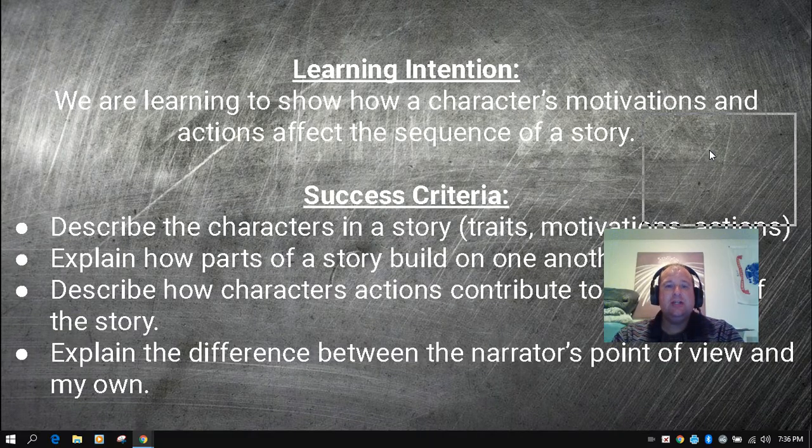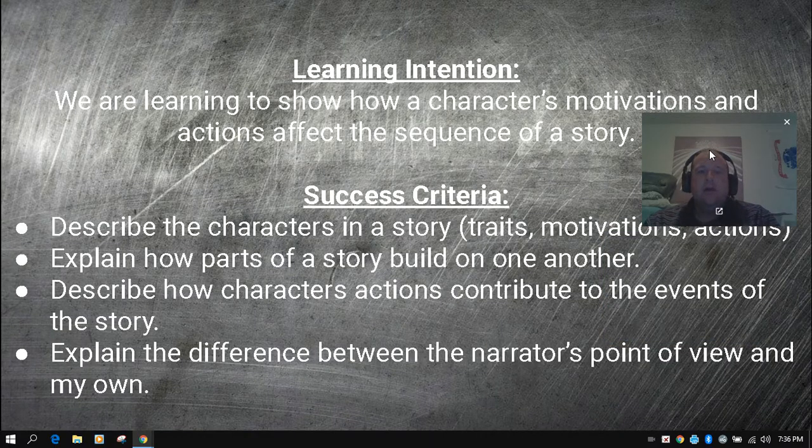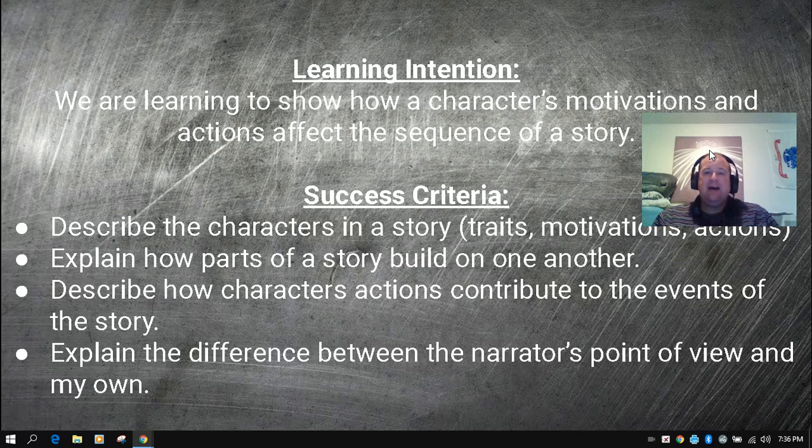Let's look at our intention and criteria today. So we were kind of talking about the character's motivations, sequence of events in the story, and throwing in character traits and really rounding the characters out to describe how they were in the story, explain how parts of the stories build on one another, describing how characters' actions contribute to the events or sequence of events in the story, and explain the difference between the narrator's point of view and your own.